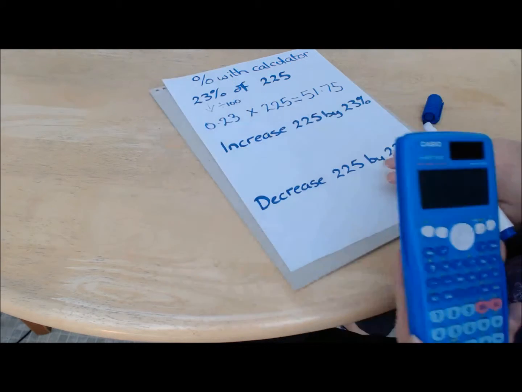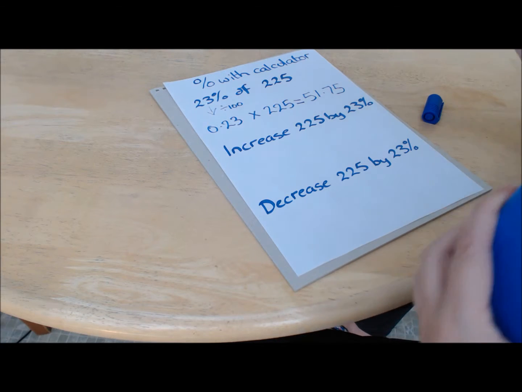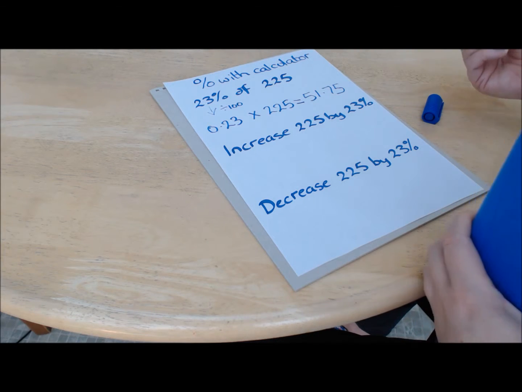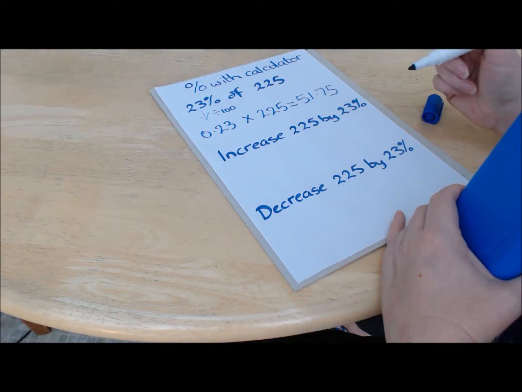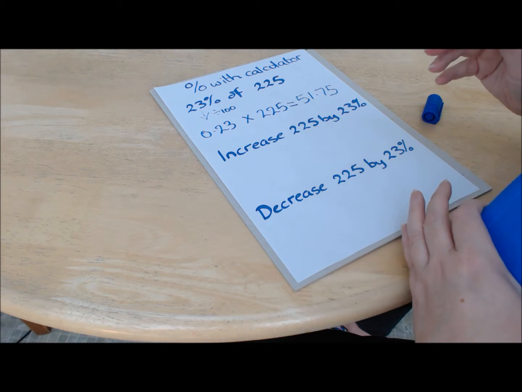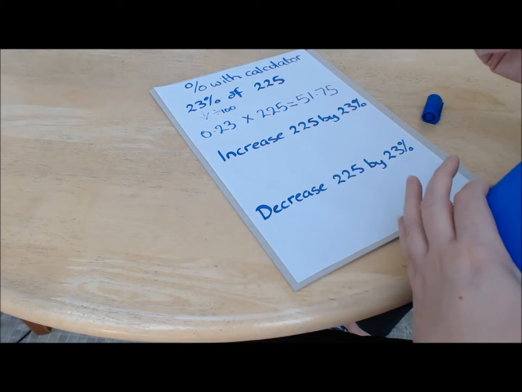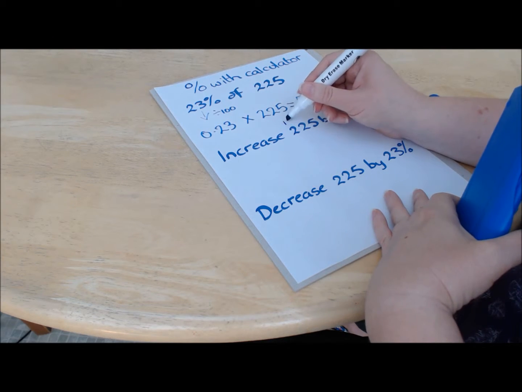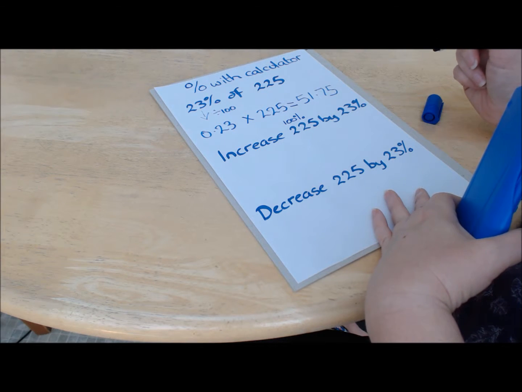51.75. Now, if instead of simply finding 23% of that number, they'd asked us to increase the 225 by 23%, then we can also do that in just one simple move on the calculator. What you've got to understand is that our starting value is worth 100%.